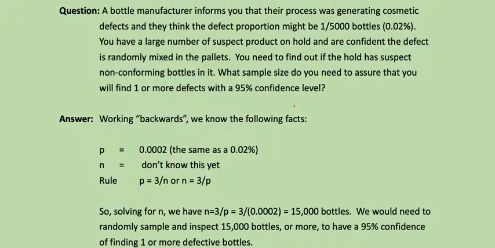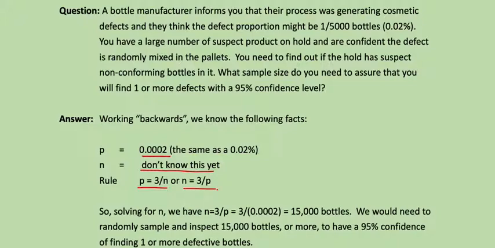Here we're actually working backwards. We know the p-value, which has been estimated at 0.0002 or 0.02%. We don't know n, so that's what we want to estimate. We know the rule, 3 over n, and we can rearrange these terms to get n by itself.